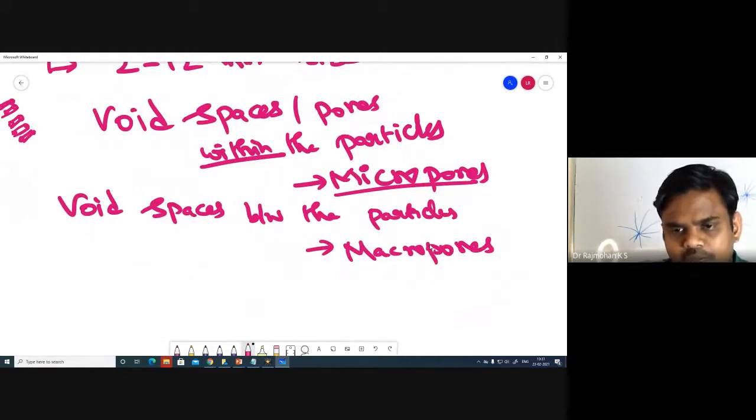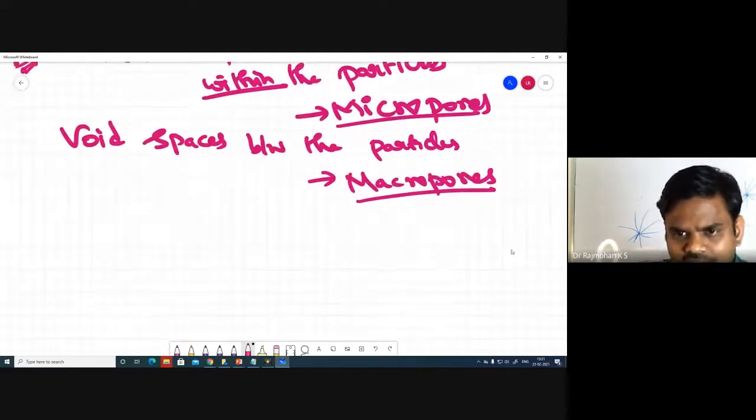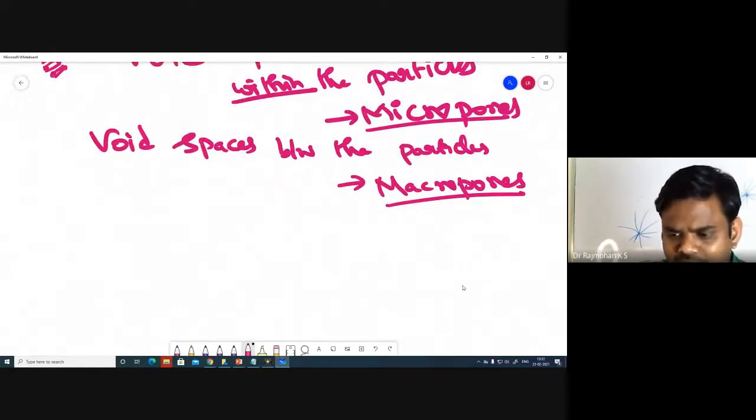So we should know what a micropore and a macropore are: micropores are the pores present within the particle, and the void space between the particles is called macropores. In general, any catalyst is going to have macropores as well as micropores.